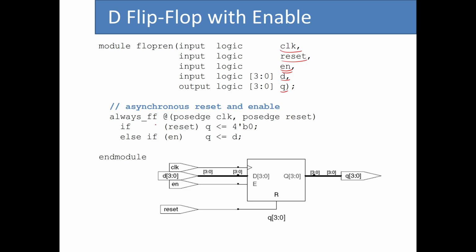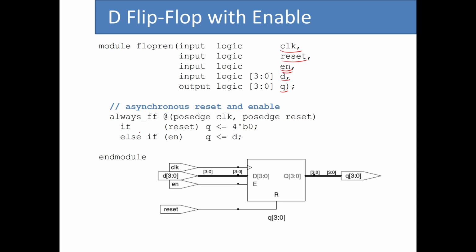So we have always_ff. As for the sensitivity list, we have the positive edge of the clock and the positive edge of reset. So if any of these two things happen, we should be executing the following statement. If reset is 1, that's when we want to reset the flip-flop.